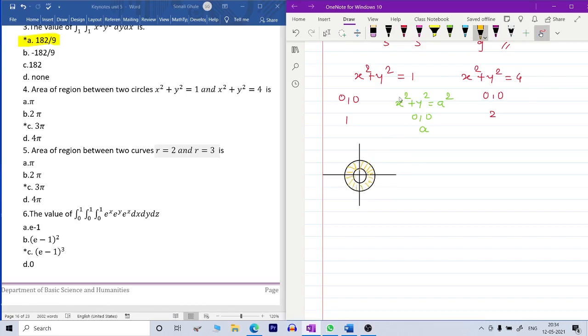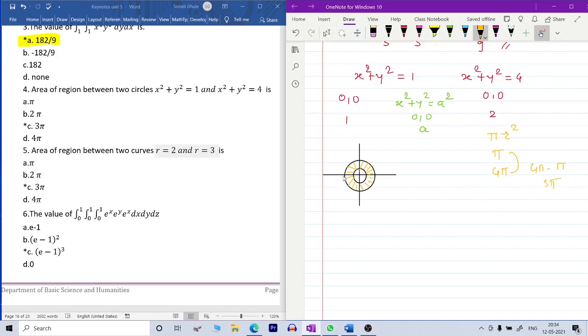So as we all know, the area of a circle we find by pi r square. So area for the inner circle, as radius is 1, is pi, and area for the outer circle, as radius is 2, pi r square means 2 square is 4, so it is 4 pi. And if we subtract 4 pi minus pi, we get the answer 3 pi.